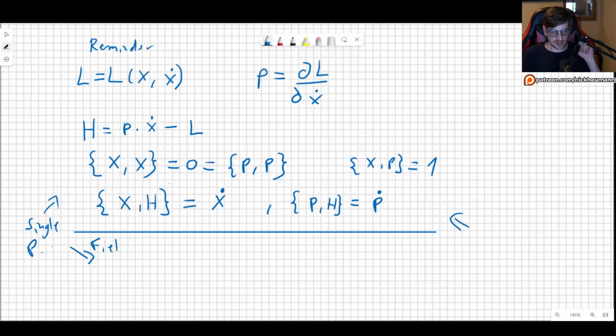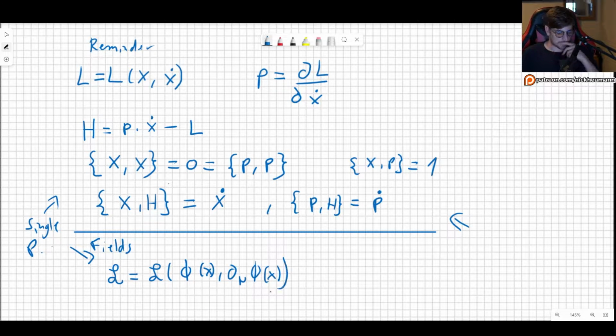So now we will see fields. In fields we will have a Lagrangian density, which in our case will depend on our field and also on its first derivative. We discussed this briefly in the previous video, in case you watched that, so that may be helpful.